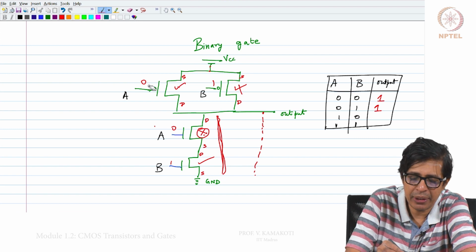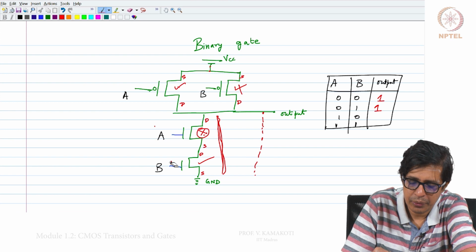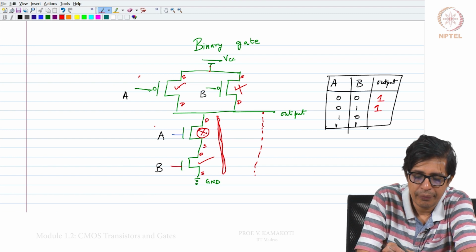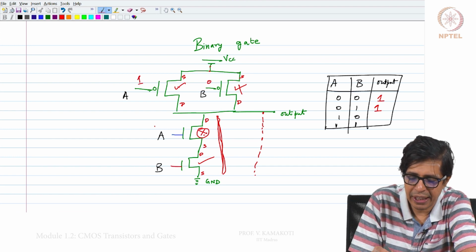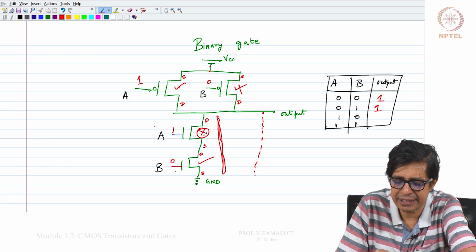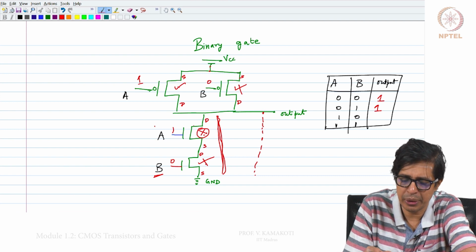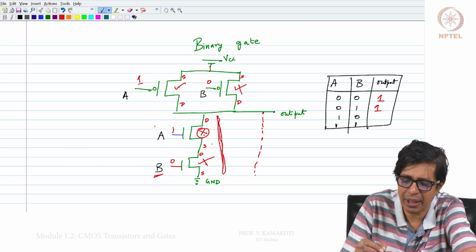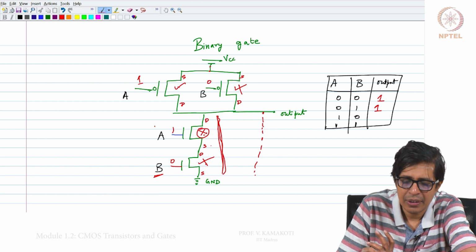The same thing happens when I apply 1 0, one for A and 0 for B. Note that the N transistor to which B is connected is off now, though the A transistor is on, but since they are in series, this entire N part is disconnected.